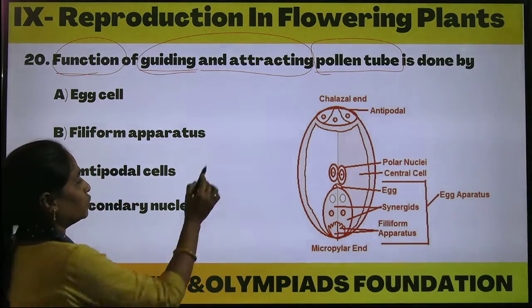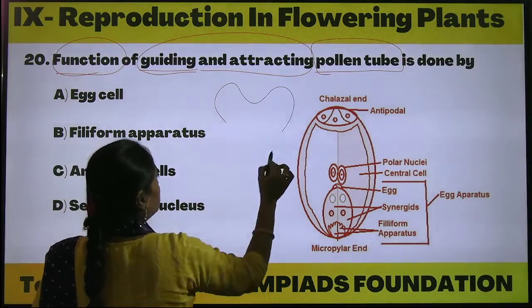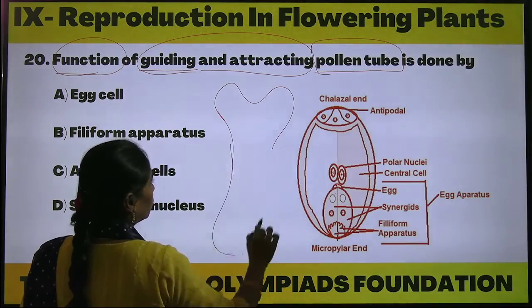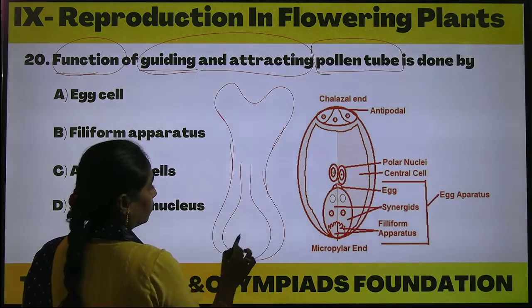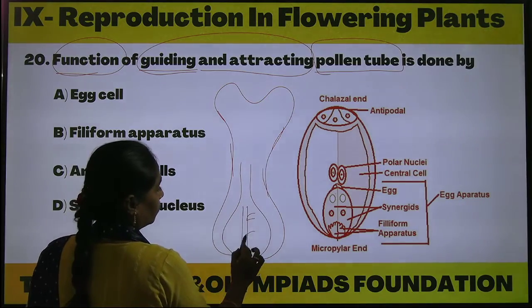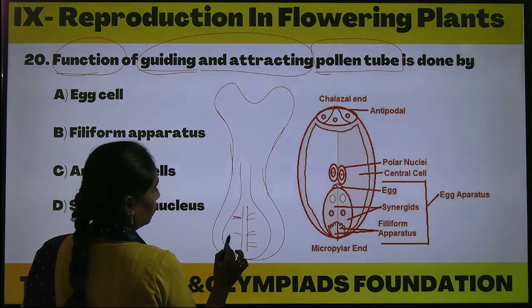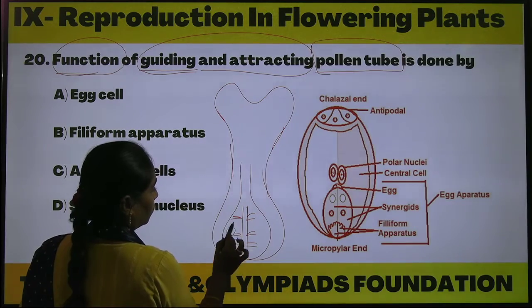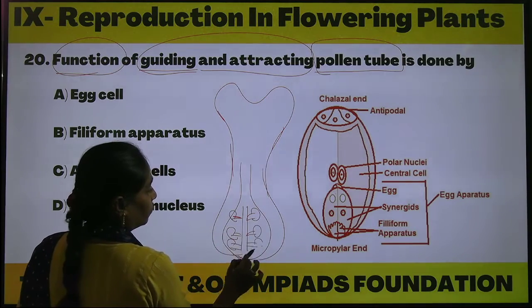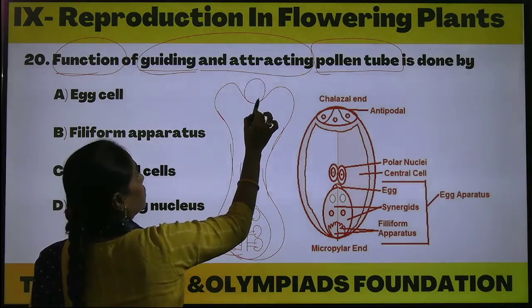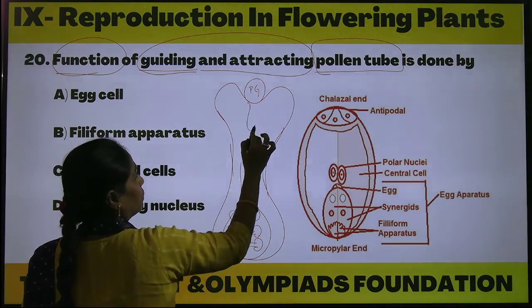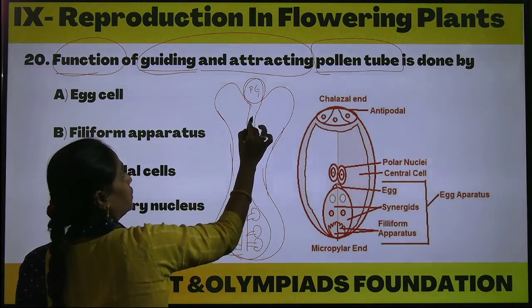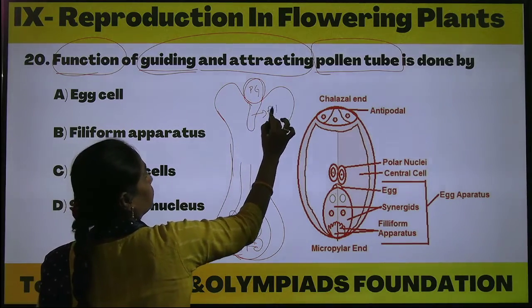As the pollen tube is ready to arise, yes, this is the pollen grain and it germinates the pollen tube.